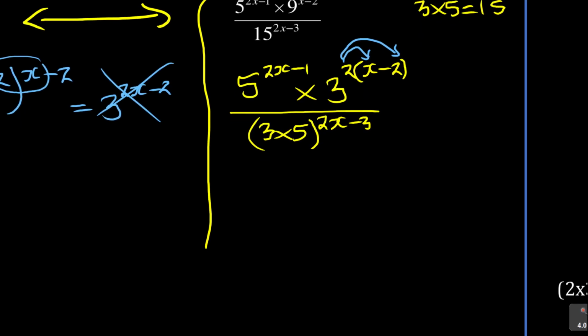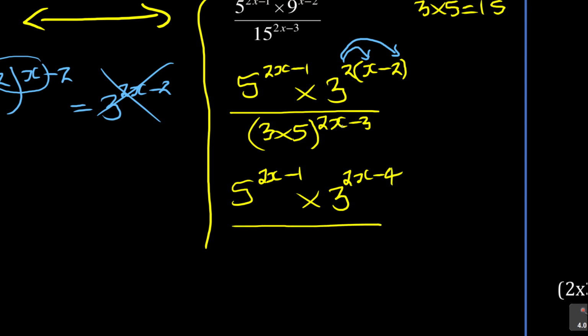Then when you continue this, what does it become? You have to now, as I said, open that bracket on top. Then you'll have 5 to the power of 2x minus 1 times 3 to the power of 2x. And then we say 2 times 2 there is negative 4 because it's negative all over. Now see, pay attention again.